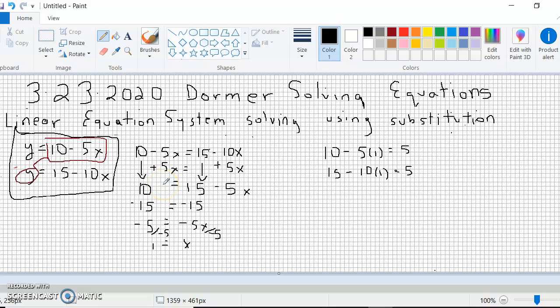Okay, so let me go ahead and change that. So this will be a 10 on this side. Okay, so I have to change a few things here.